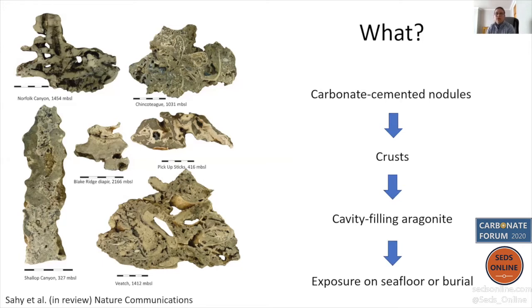And then over time, those nodules grow, they coalesce, they form crusts. This is what we usually refer to as early stage carbonate cement. And then if seepage continues over time, any voids within those crusts are going to become lined with relatively clean aragonite cement. And this is what we usually call late stage carbonates.